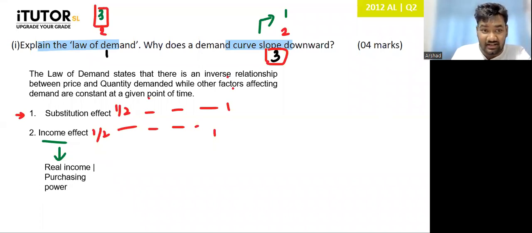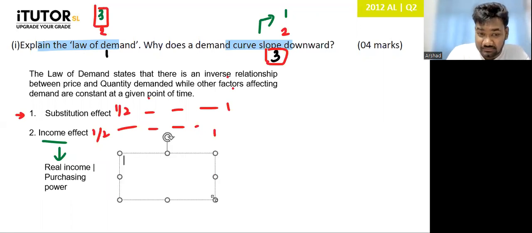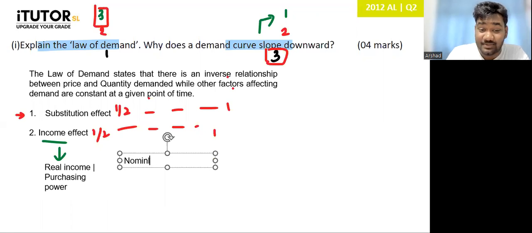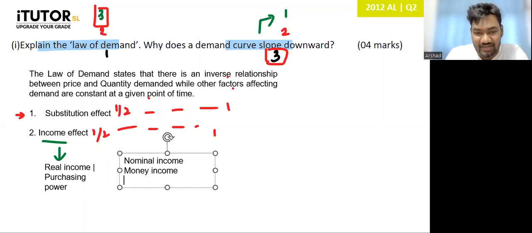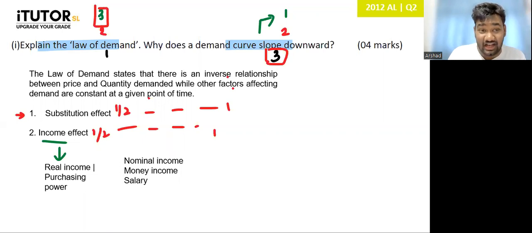Another name for nominal income is money income, or an easy way to remember is his salary. This is not changing. So in the income effect, when you write, you have to be very careful and say that when the price of the good changes, the consumer's real income, or in other words his purchasing power, changes. As a result, he would buy more or buy less. That is the income effect.